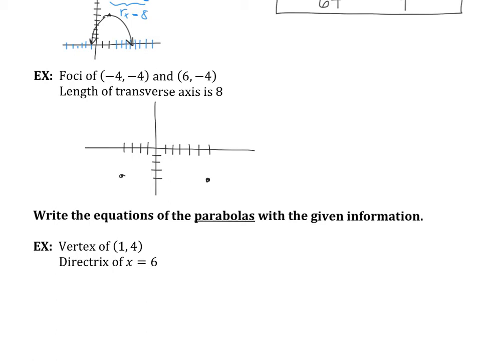Because -4 and 6, that's 10 apart, so 5 away would be (1, -4). So here's my center. Center is (1, -4). And I know my transverse is 8, so that means I go 4 to the right, 4 to the left. Right here are my vertices. This is where my shape will begin.